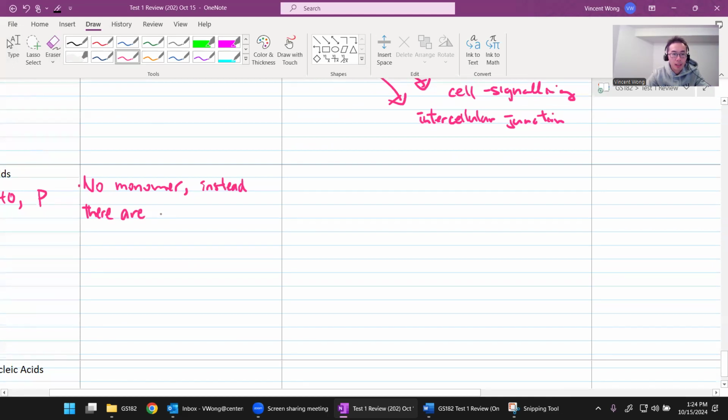I'm just going to list some of the familiar components. Glycerol. There are fatty acids, saturated, unsaturated. Carbon rings.